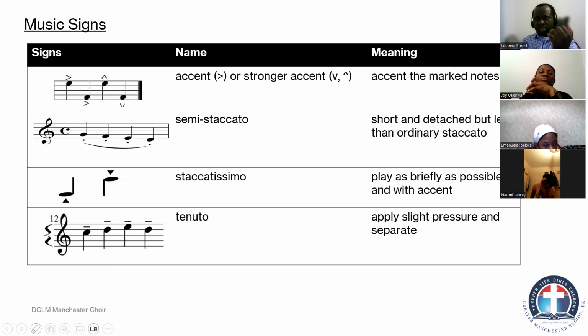So when you see this note, it means just slight pressure, because some of these signs have to do with not just vocal music, but instrumental music. It means instead of the normal pressure you would apply on your string, you just apply a slight pressure. So it gives you a different feel than when you apply the normal pressure.